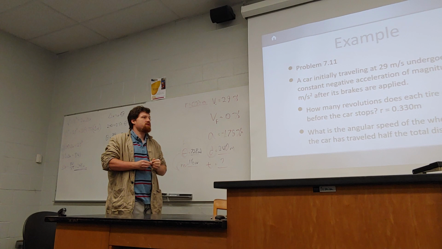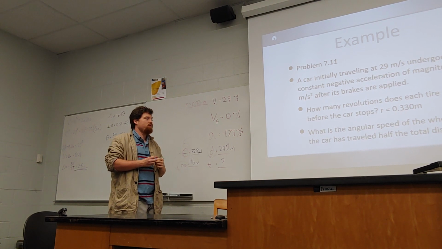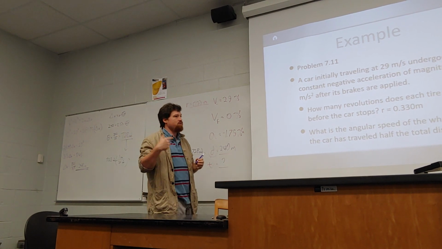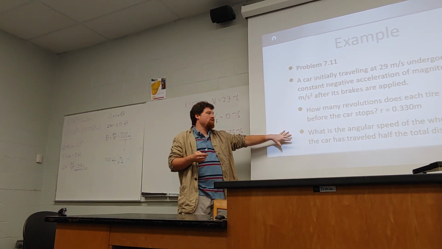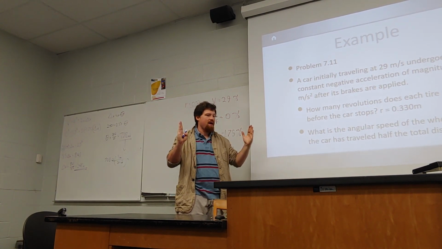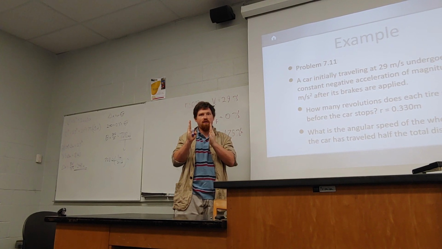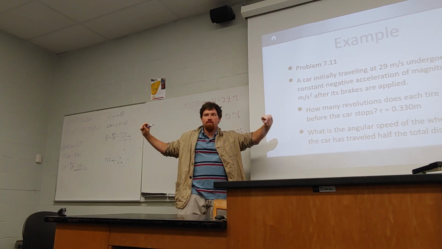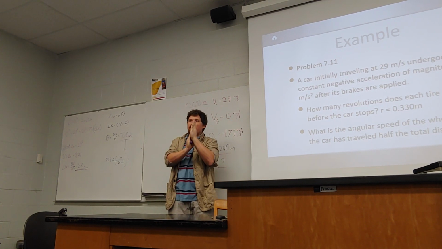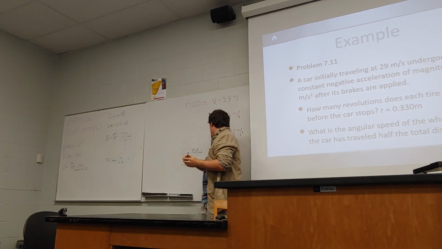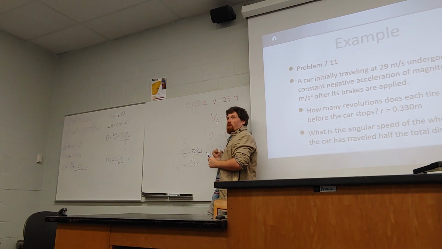Now, the second part, which we're just going to go through quickly, I just want you guys to conceptually think about it. What is the angular speed of the wheels when the car has traveled half of this total distance? So instead of looking from start to stop, we're looking at a point in the middle where we have traveled half this distance forwards.